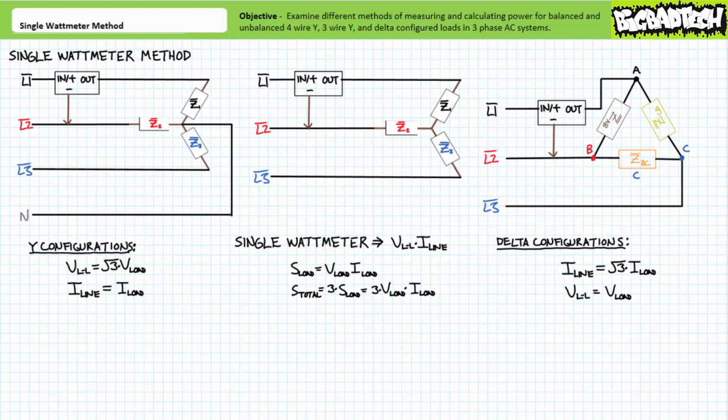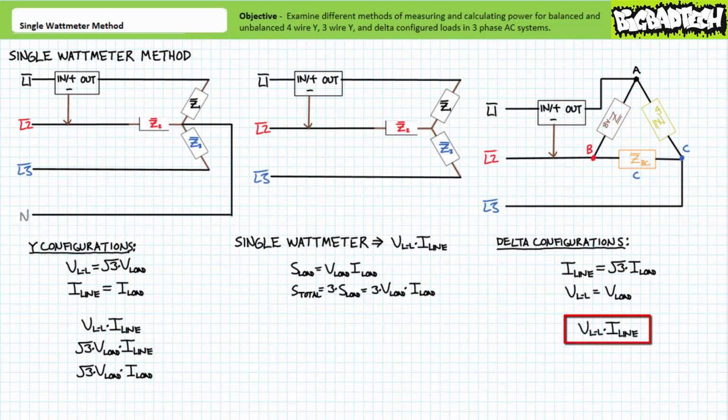Follow the chain of logic for the balanced Y configurations. The single wattmeter is measuring line-to-line voltage and line current. For balanced Y configurations, line-to-line voltage is square root 3 times load voltage. For balanced Y configurations, line current is equal to load current. Follow the same chain of logic for balanced delta configurations.